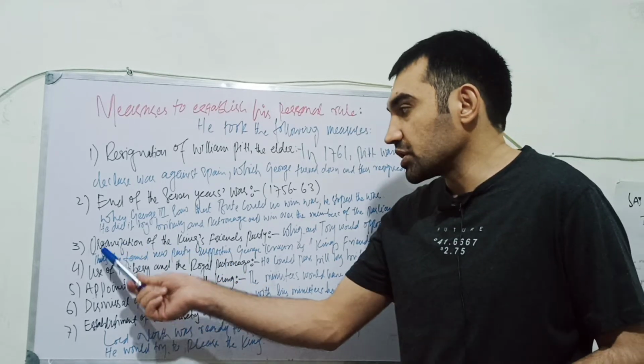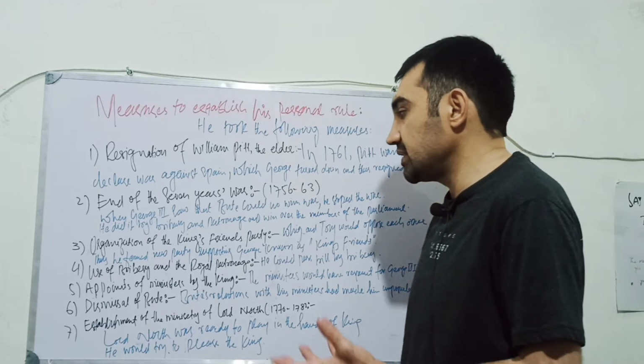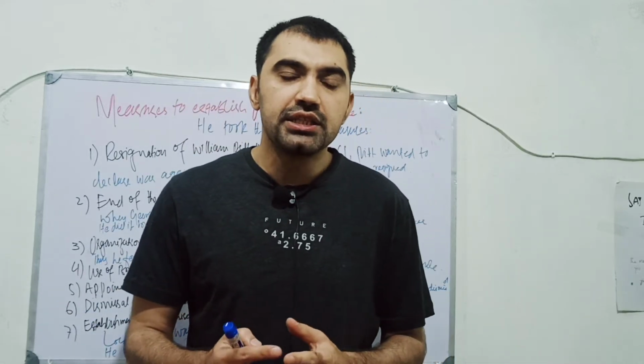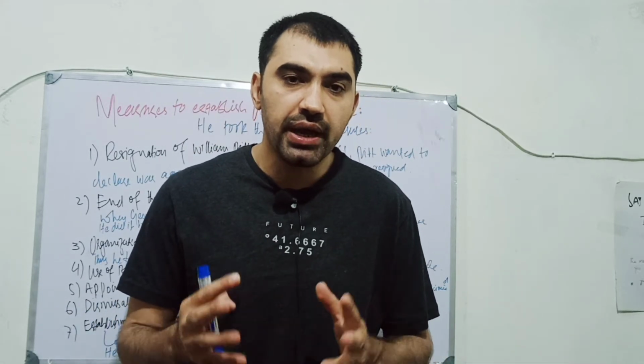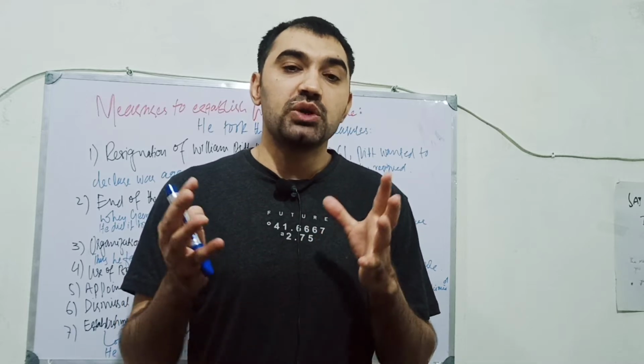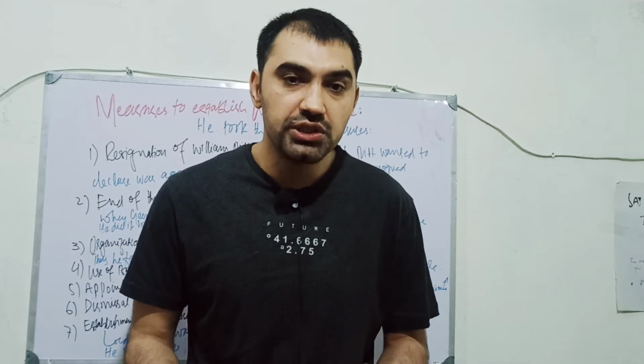The third important measure that he took was the organization of the King's Friends Party. Earlier, there were two parties, the Whigs and the Tories. They were often in conflict with each other because they were different in policies and ideologies.